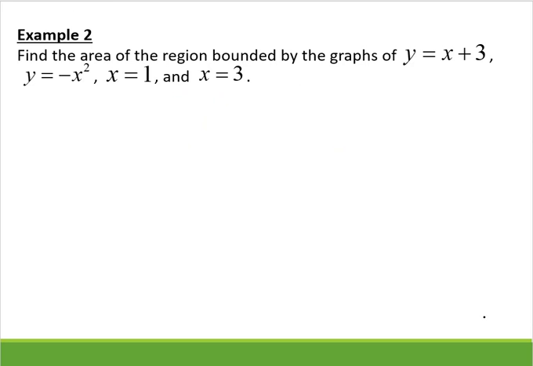Okay, find the area of the region bounded by these two curves and x equals 1 and x equals 3. Okay, so this one always gets me. I don't know why. I won't say it always gets me because it's the first time I'm doing the problem, but y equals x plus 3, I need to visualize this.